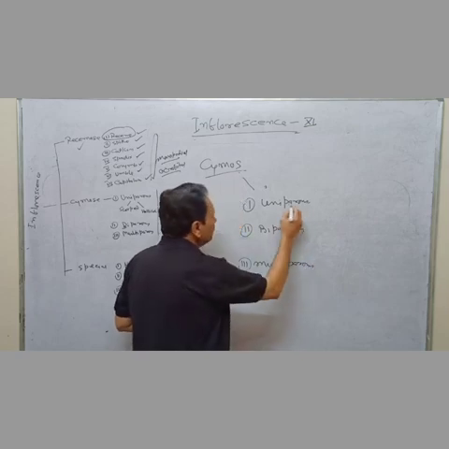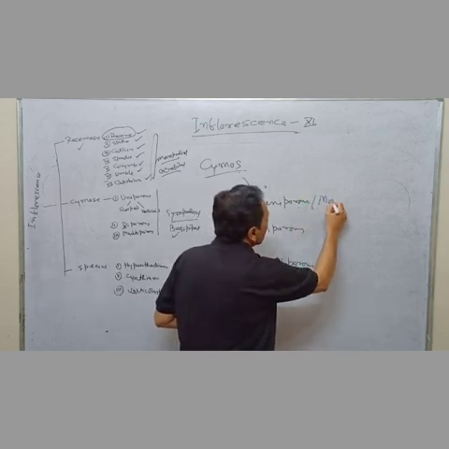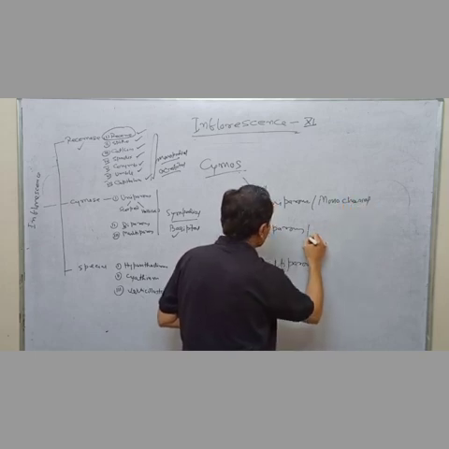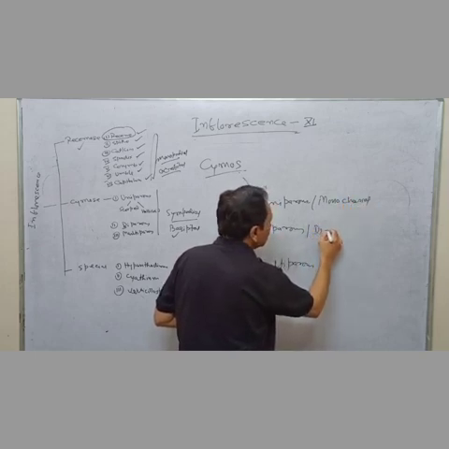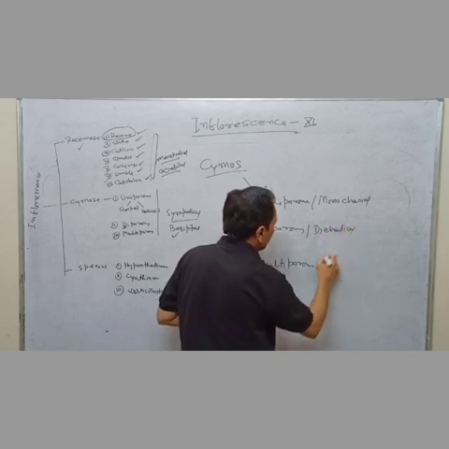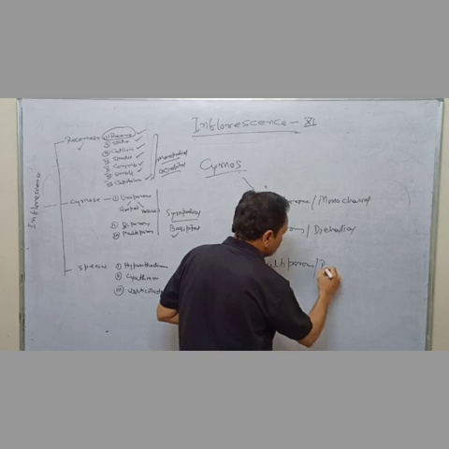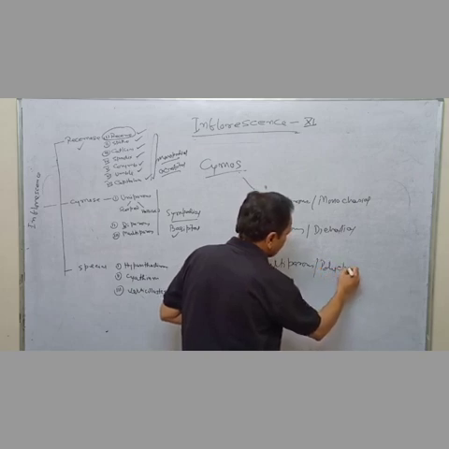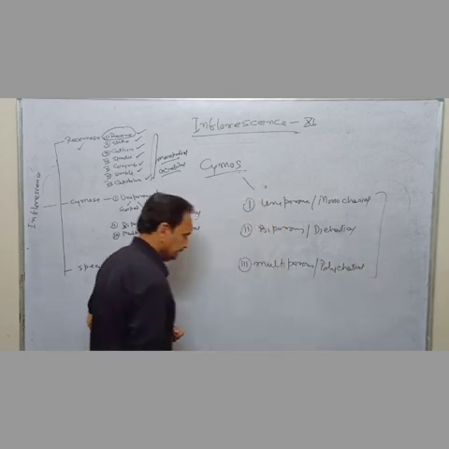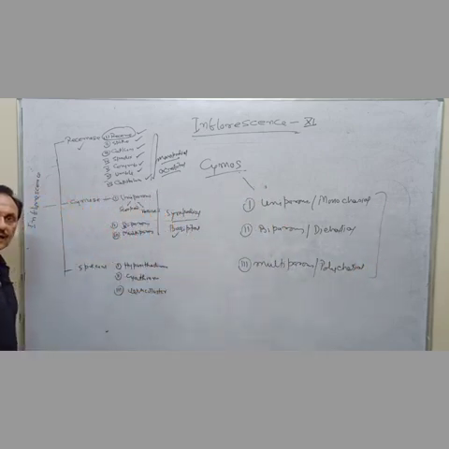It may be monochasial, dichasial, and polychasial. These are the types of the cymose.